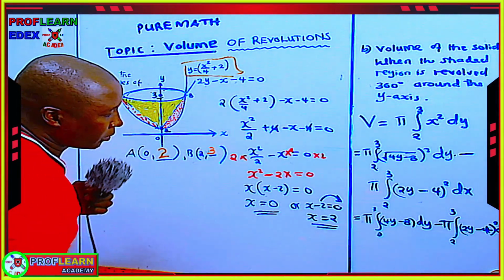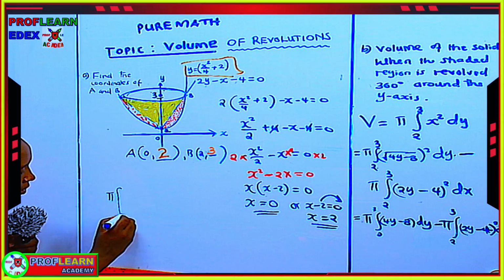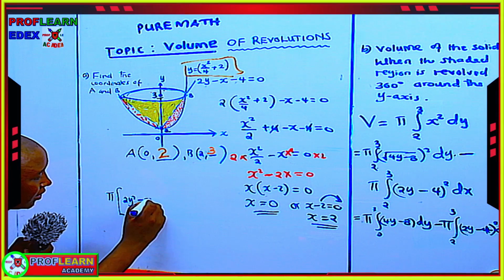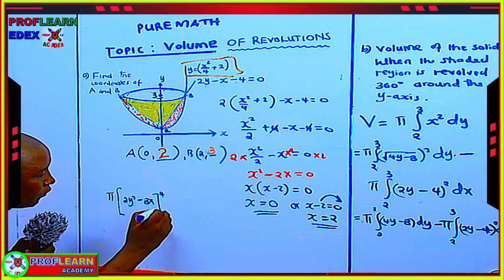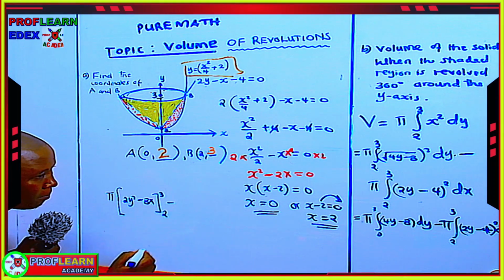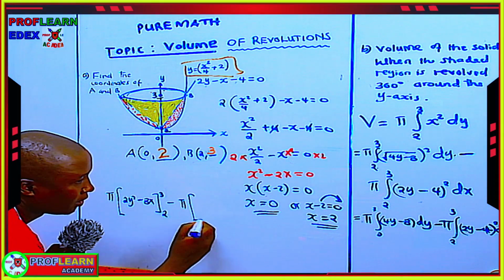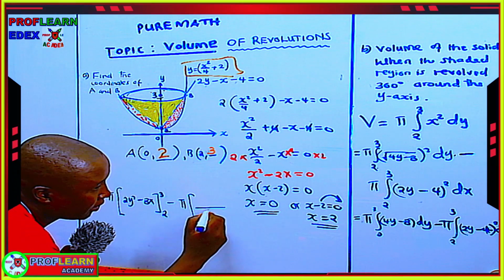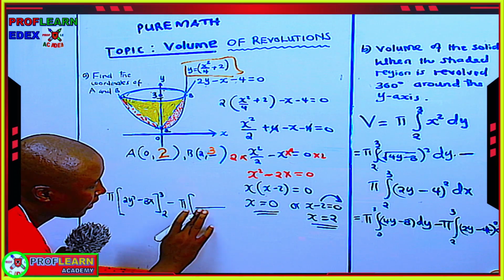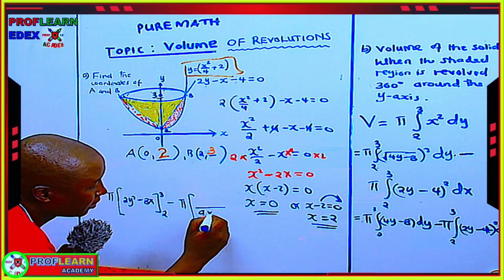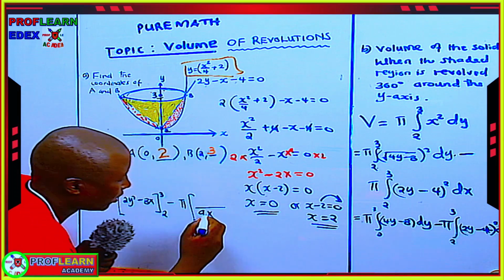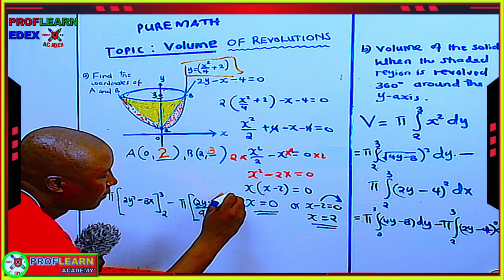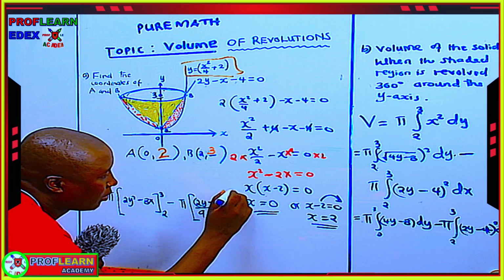Then to integrate the first expression, it becomes pi into bracket 2y squared minus 8y from 2 all the way to 3, minus integrating this expression here, it's going to become everything over 9 comes down, times differentiating this term, you get 2, then we shall write 2y minus 4 raised to power 9, and the limits run from 2 all the way to 3.